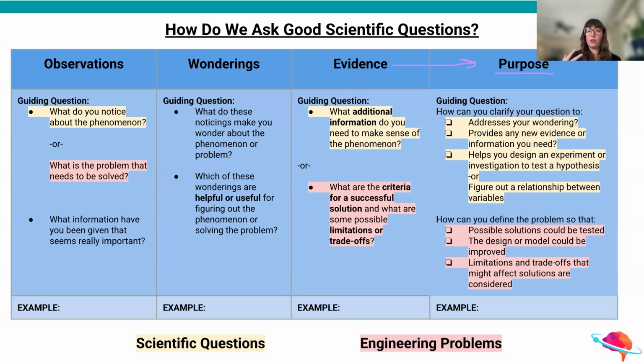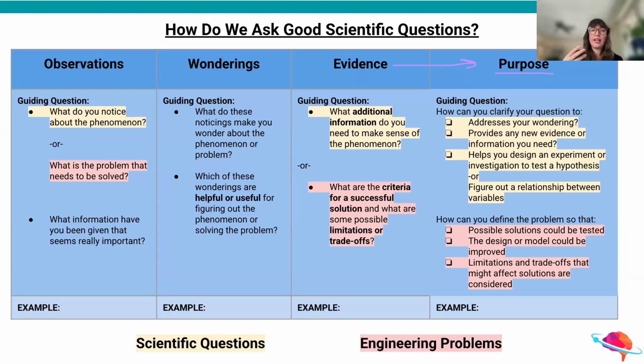And we can give them a couple of things to think about, like how can you clarify your questions to do the following things: address your wondering. If you're going to ask a question about the world, you probably want to know the answer. Or provide any of that new evidence or information that you are going to need to have a good experiment or to come up with a good solution.